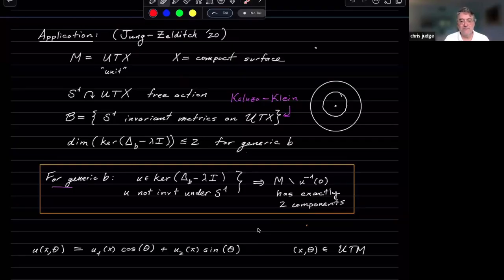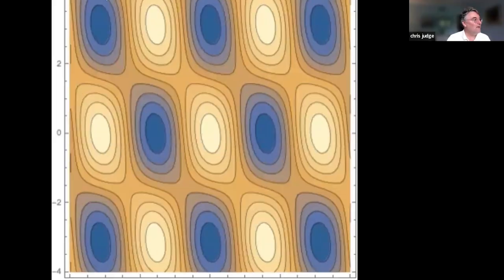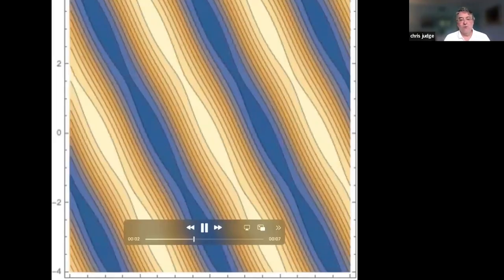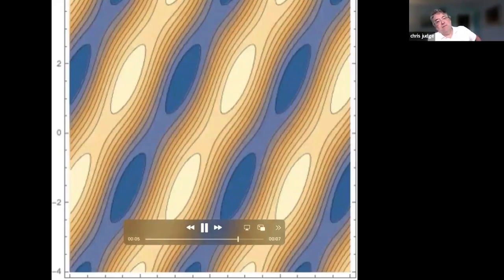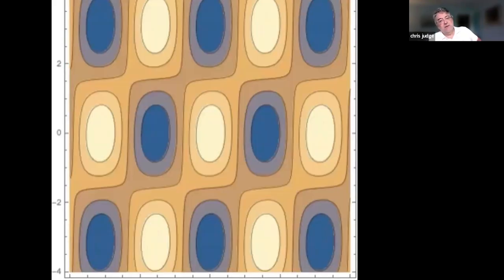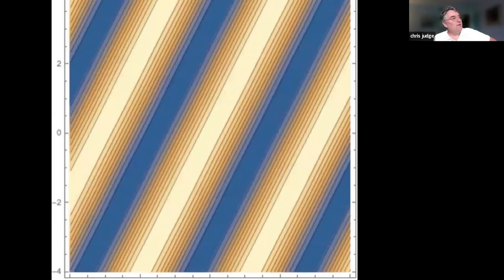Here's an animation. So this is a toy picture of what that looks like. So what are we looking at? We're looking at the eigenfunctions, and actually this is the torus case.